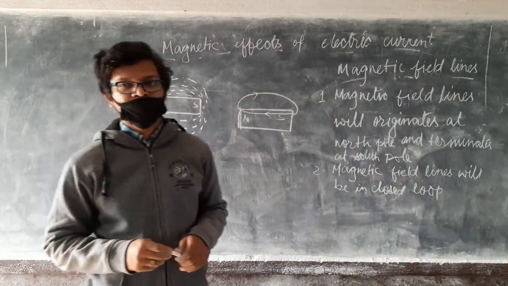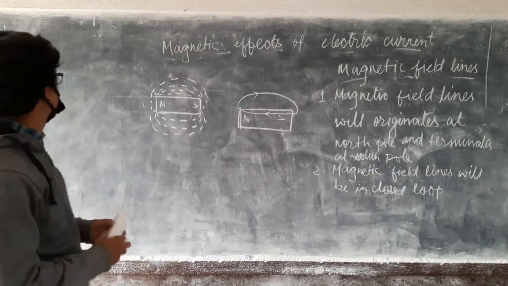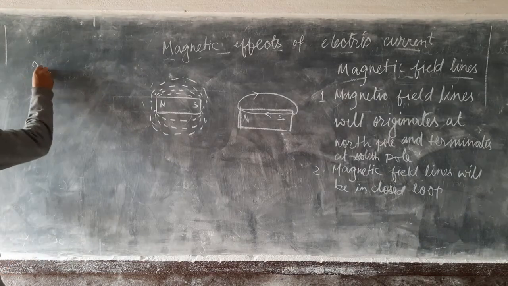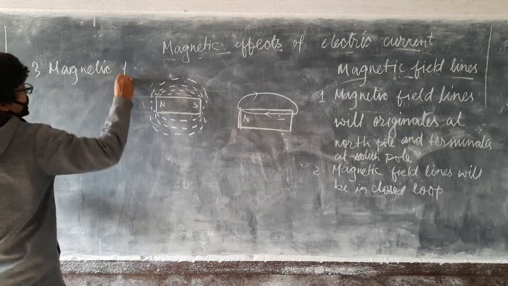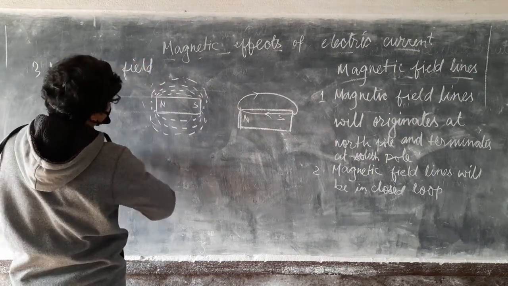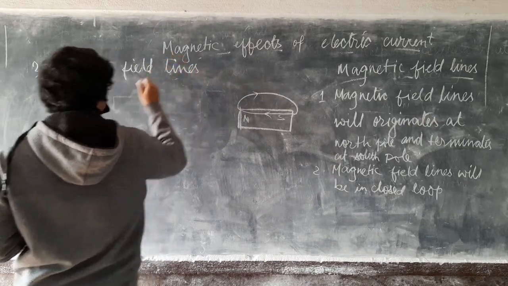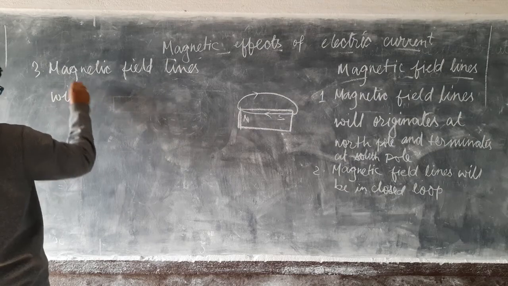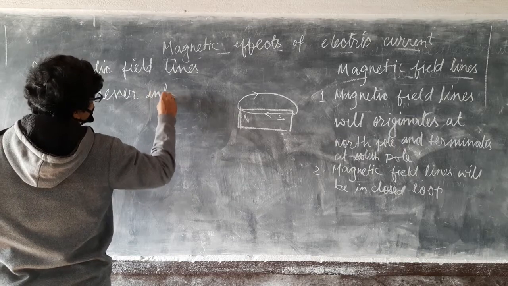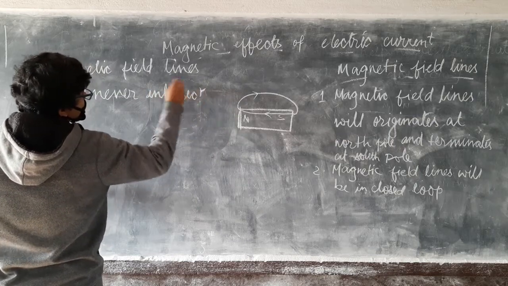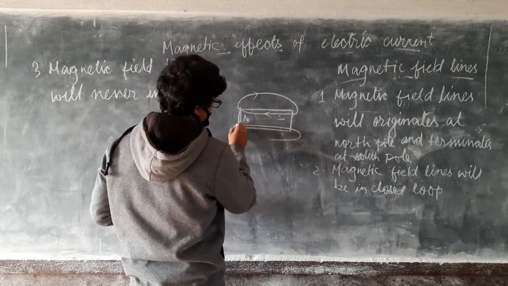Third point is that magnetic field lines will never intersect. So you can draw here so many magnetic field lines.